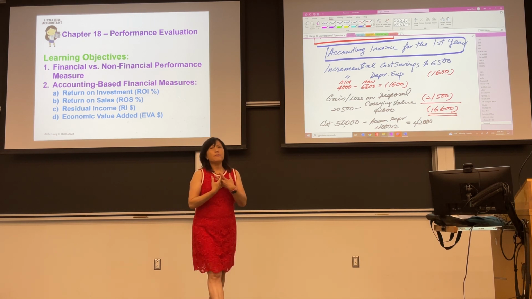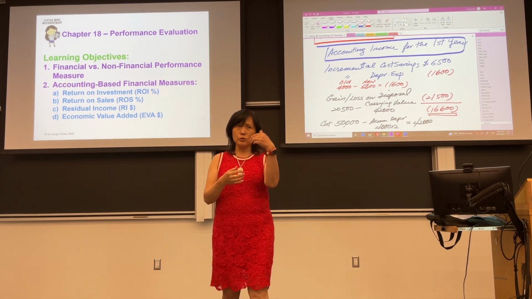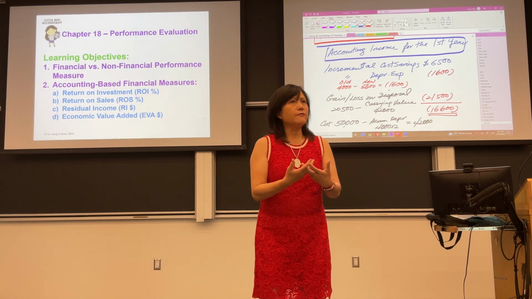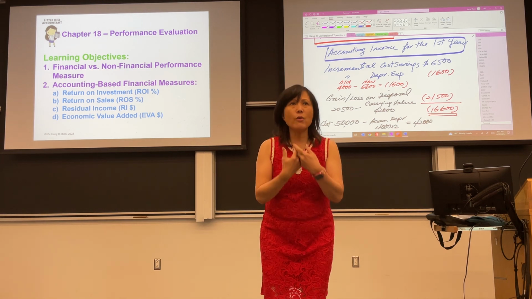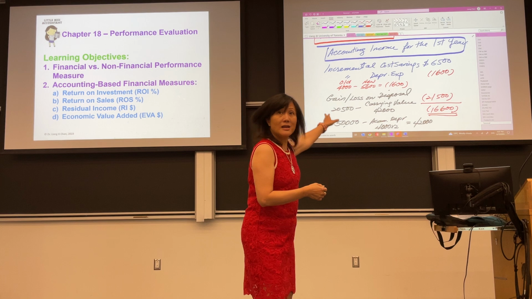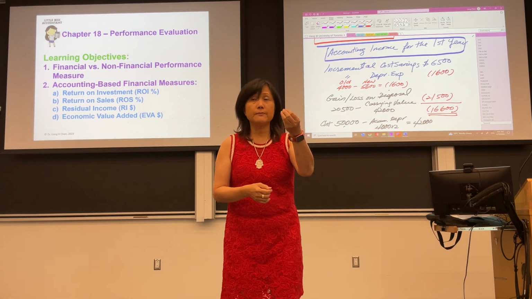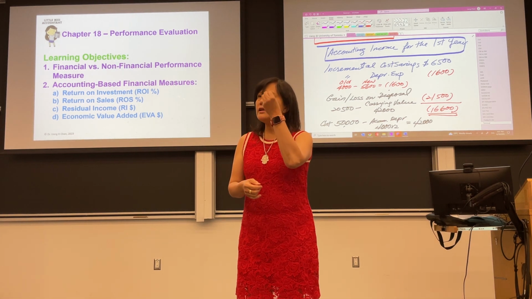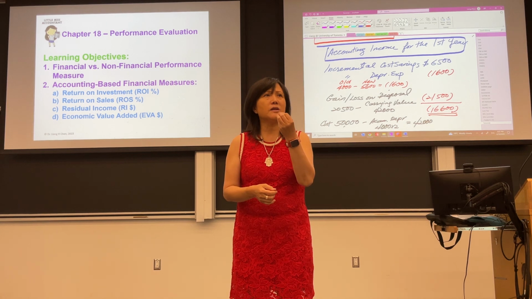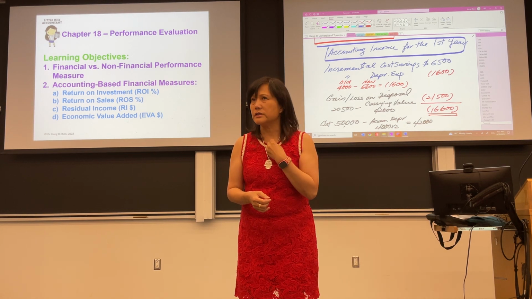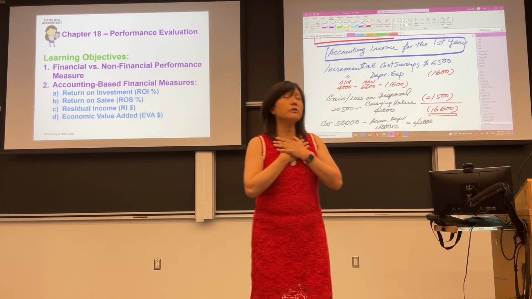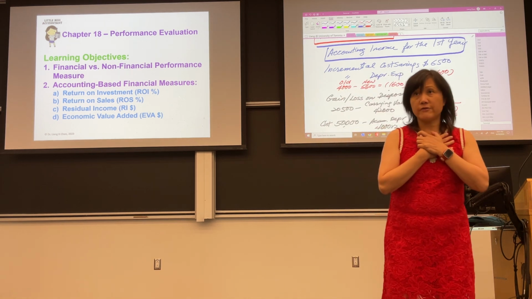So this is about performance evaluation. If you do well, you work hard for the company, you make the right investment decision like what we did here, you should get rewarded. But when rewarding managers, you don't want to create something called goal incongruence, which means I'm only looking after my own benefit.